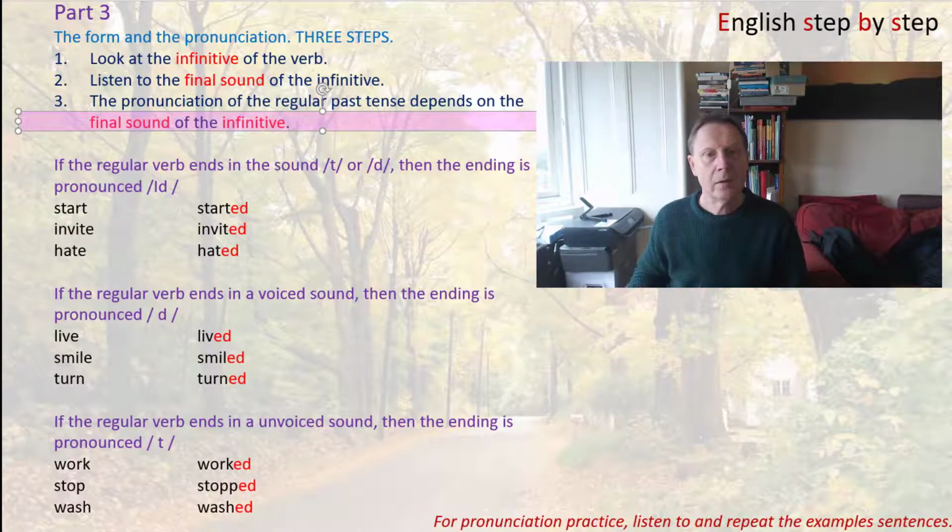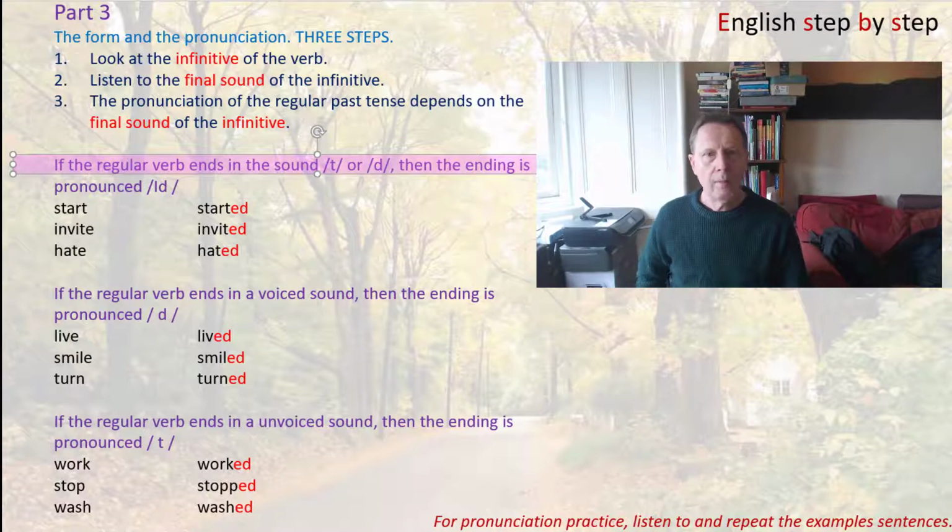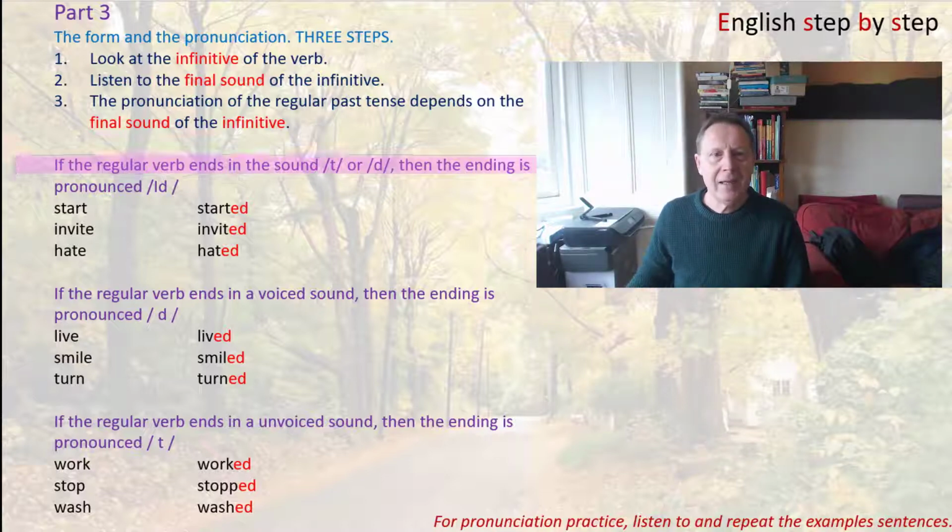What is the final sound of the infinitive? And then we can look at the rules about the pronunciation. For example, here is rule number 1. If the regular verb ends in the sound t or d, then the ending is id.